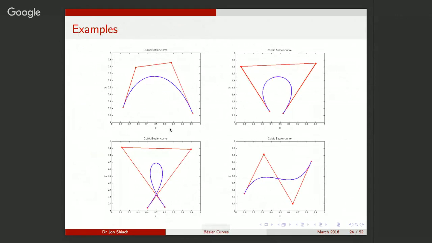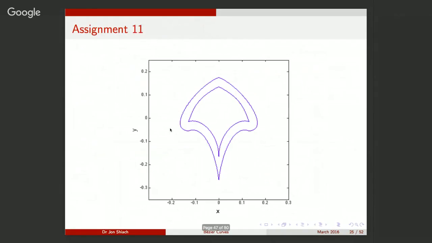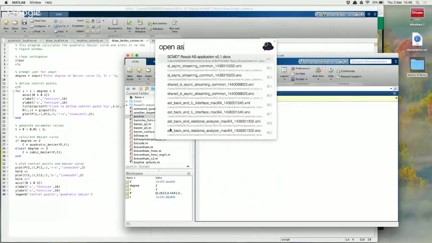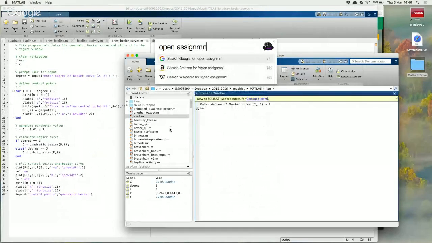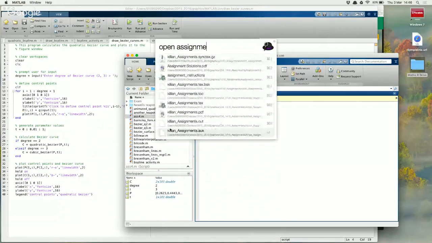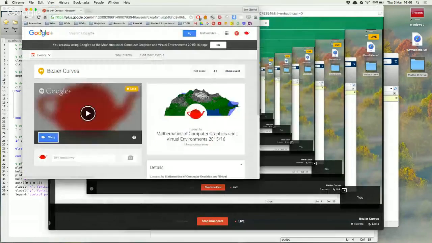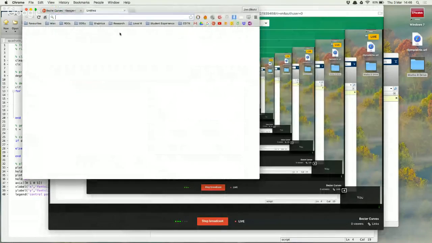Okay, so that's Bezier curves. Your assignment for assignment 11 is, well, actually, if I bring it up. I don't want to show you the solutions. Sorry about that. As you know, it's all on Moodle. Solutions? No, I'm afraid not.